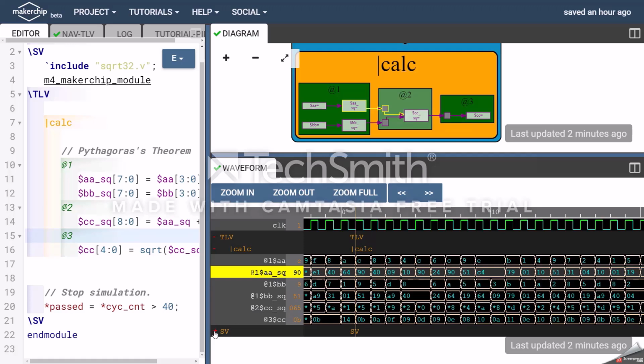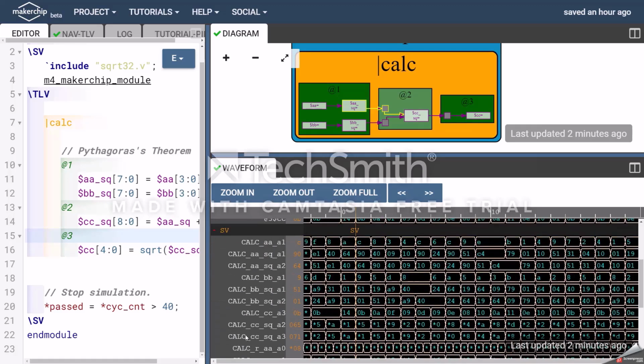But we can look at the signals at the SystemVerilog level, and you'll see there's a corresponding calc pipeline A signal in stage 1, and that one doesn't get staged, but A squared in stage 1 gets staged to stage 2. You can see the relationship pretty clearly. We've got this value of 10 here, and a cycle later, the stage 2 version has that value because we've gone through a flip-flop.